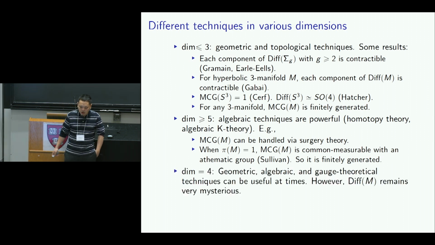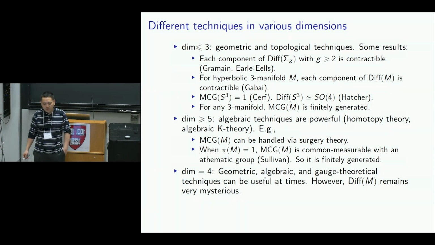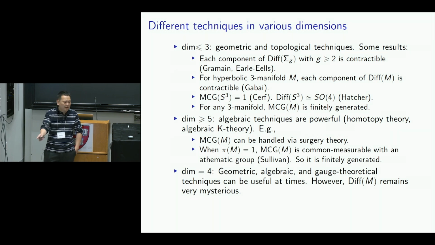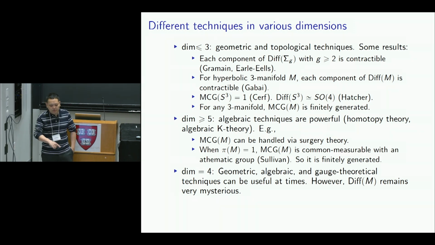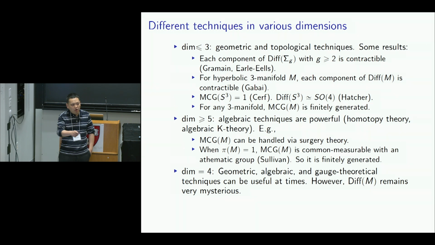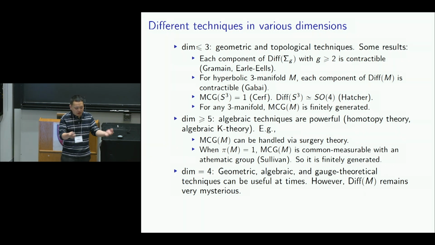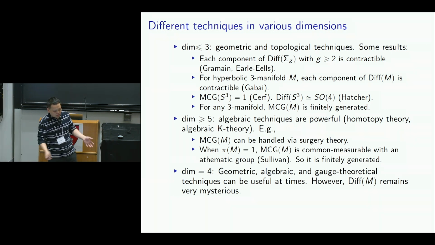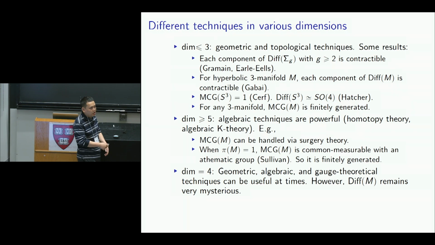And what happens in dimension 4? In dimension 4, it turns out that these techniques, geometric, algebraic, and gauge theoretical techniques, can all be useful sometimes, but not always. So you have many different techniques to try to study the same object.